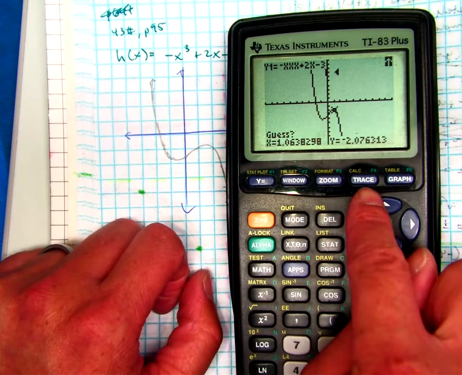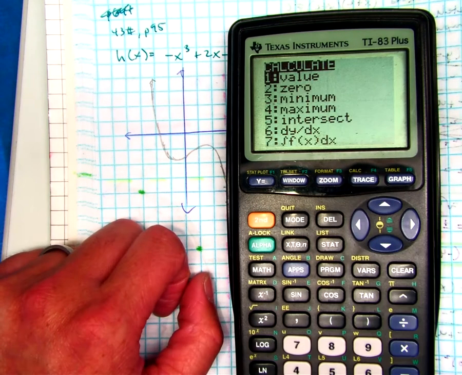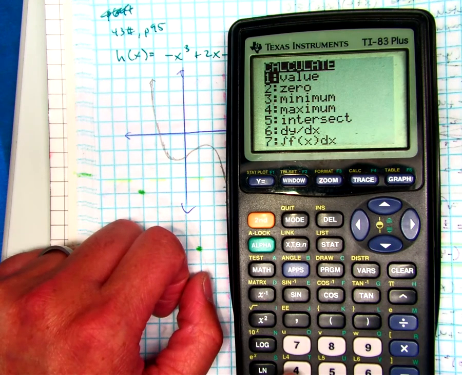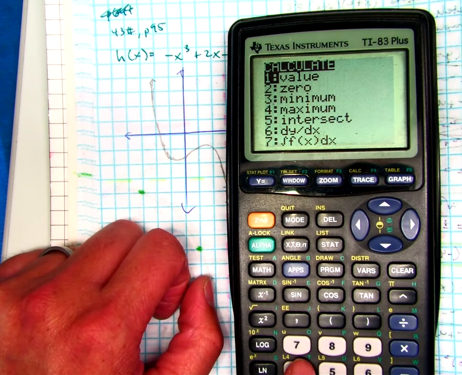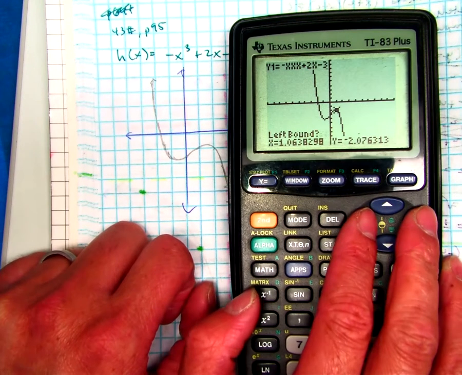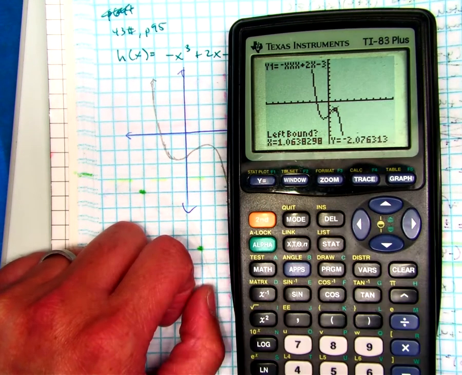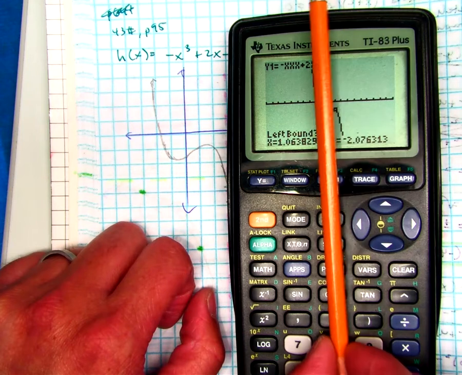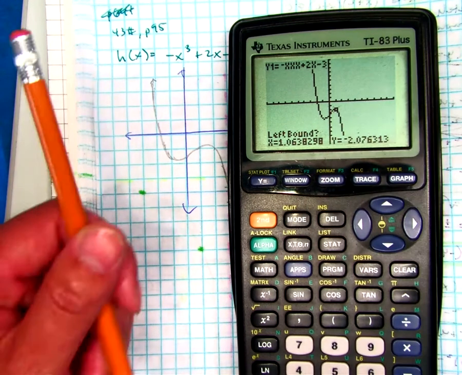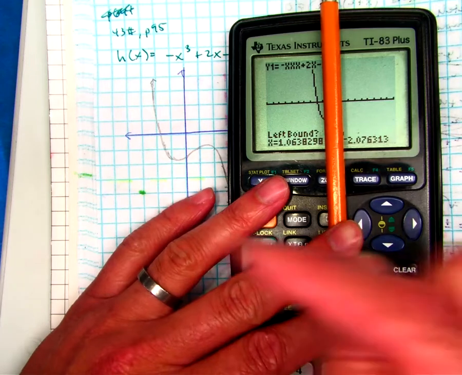So second, trace. And then we're going to do max, so it's number 4. You can either scroll down or press number 4. And now it says left bound. So let's pretend I'm putting my pencil exactly at the highest point of the roller coaster, at that point right there. You want to go a little bit left of the pencil.